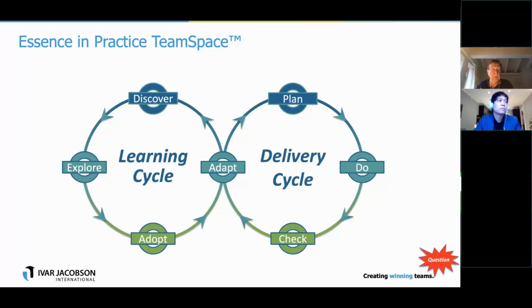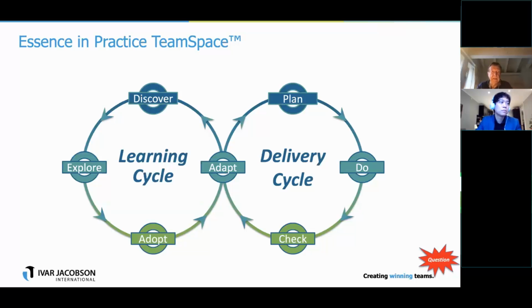You study one practice at a time. You adopt the practice, meaning the team starts to use it. You go up to adapt, and that means you change it so you think it works better for you. Now we move over to the delivery cycle, where we start by planning and doing and checking. Checking is that we really did what we wanted to do.